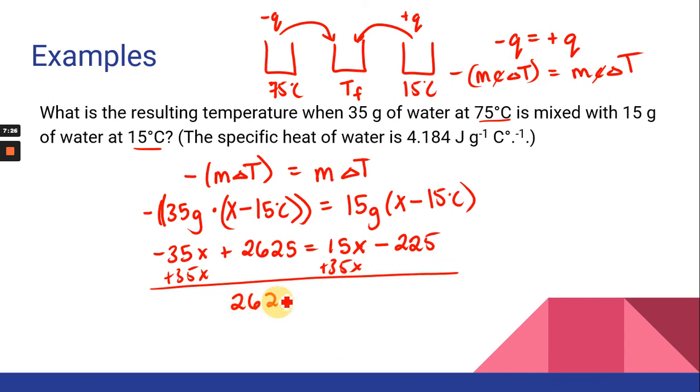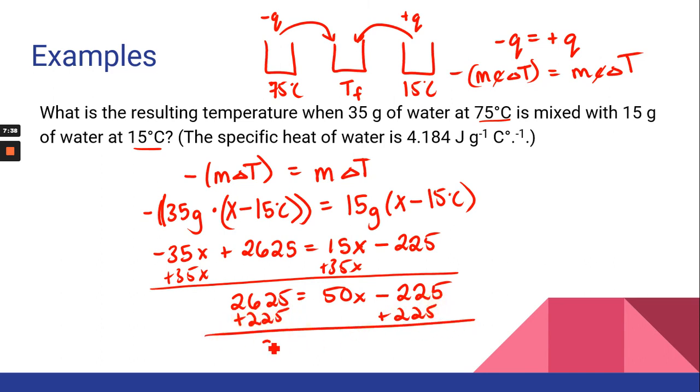So 2,625 is equal to 50x minus 225. Add 225 to both sides, and we have 2,850 is equal to 50x. Then we would divide both sides by 50. And so x equals 57 degrees Celsius. And that value is in between 75 and 15, so that's a way of checking that our answer is correct.